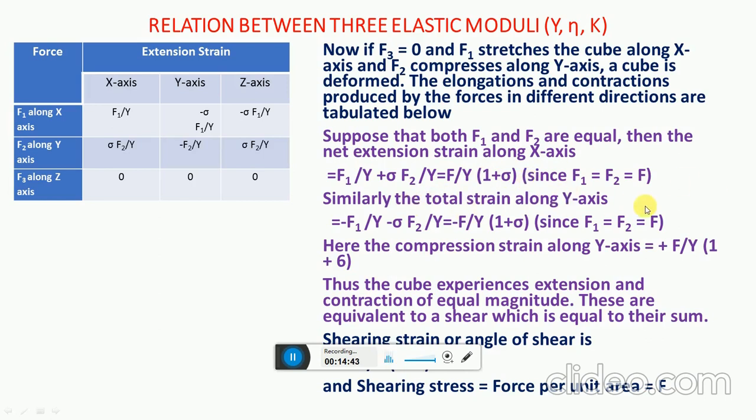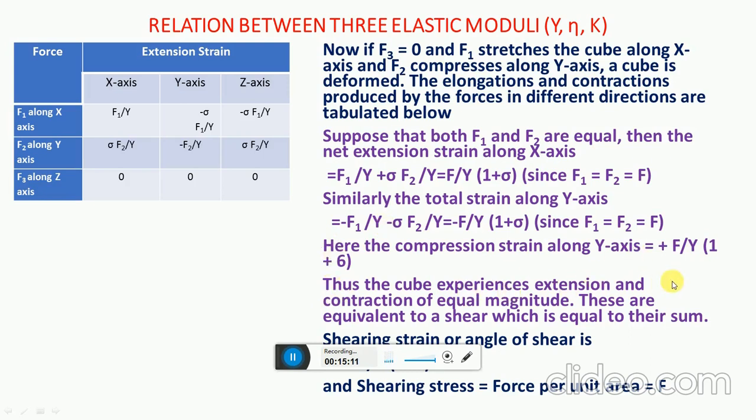Similarly, the total strain along the y-axis is minus F1 upon Y minus sigma F2 upon Y, is equal to minus F upon Y into (1 plus sigma). And again, we have considered F1 is equal to F2 is equal to F. Here the compression strain along the y-axis is equal to plus F upon Y into bracket (1 plus sigma).